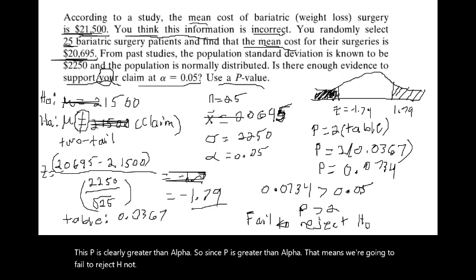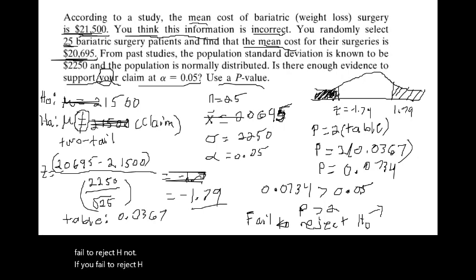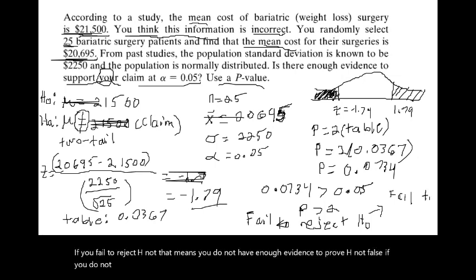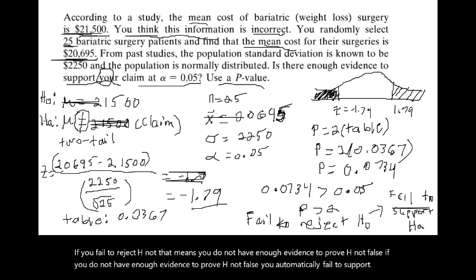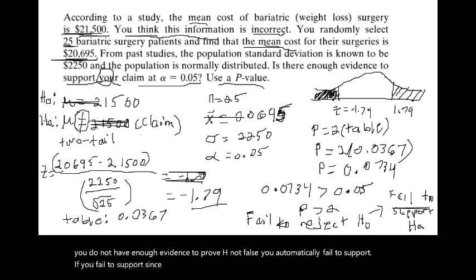If you fail to reject H naught, that means you do not have enough evidence to prove H naught false. If you do not have enough evidence to prove H naught false, you automatically fail to support HA. If you fail to support HA since your claim was HA, we do not have enough evidence to support the claim.